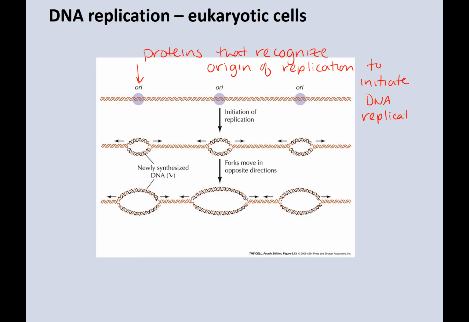These ORIs are specific sequences, and in our cells we have proteins that recognize the origin and recruit helicase. Remember, helicase unwinds the DNA, right? And then we get bidirectional synthesis.